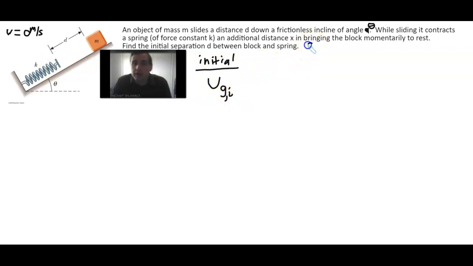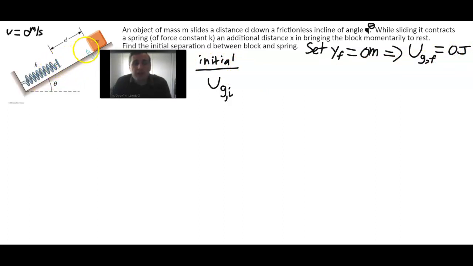So in other words, set y final equal to 0 meters so that the final gravitational potential energy is 0 joules. Okay. Now, that should make sense.